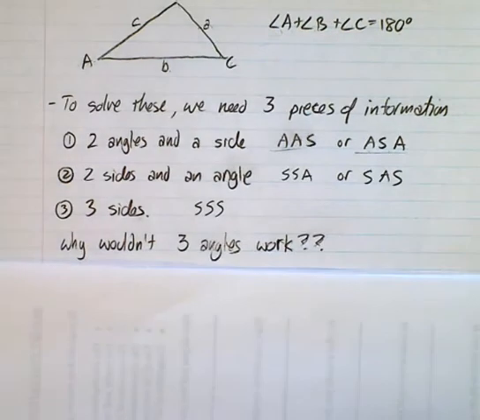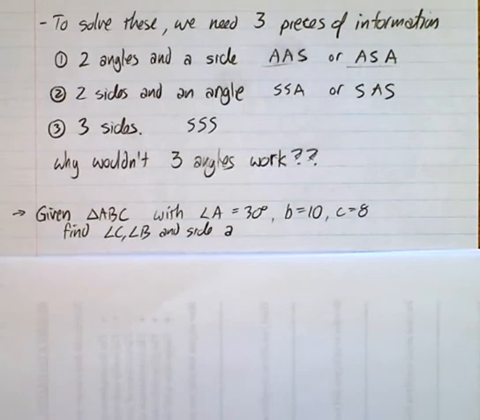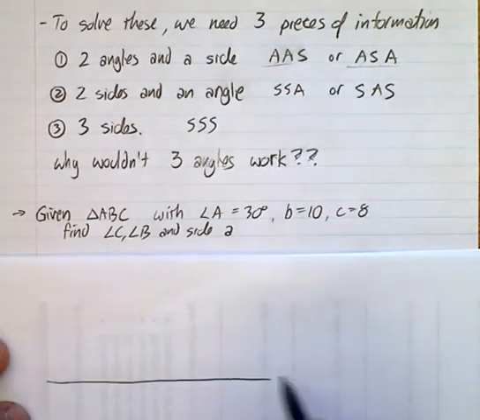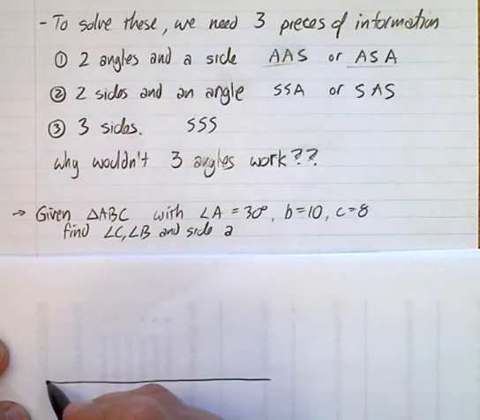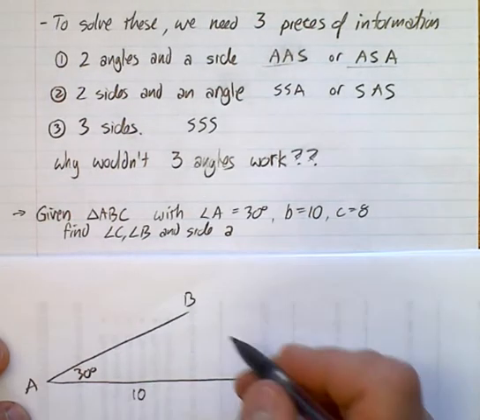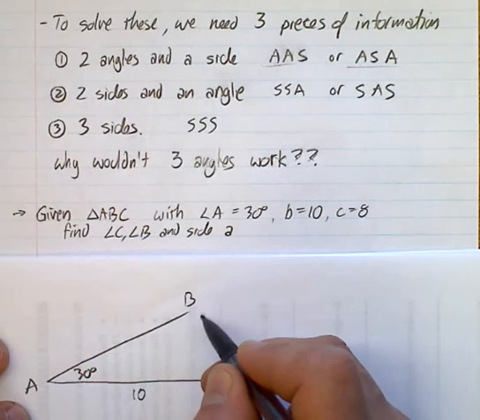Now, let's look at a couple of examples. Given triangle ABC, how would we find those other bits of information? I suggested before when we did these, always draw yourself a baseline. Angle A, we'll put that here, angle 30 degrees. We'll put the longer side on the bottom. That means that's side B, that's angle B. And then we'll put 8 down here, maybe.